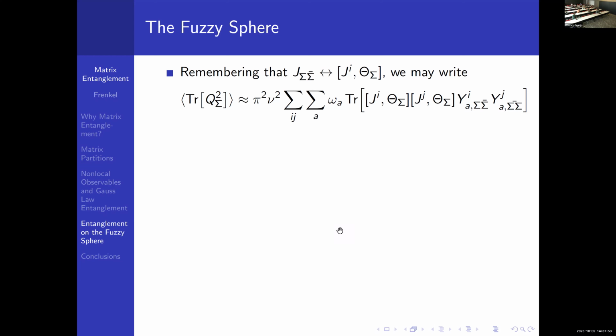BMN is good enough. So let me rephrase it then in terms of this trace of Q. So this trace of Q that we're calculating, you can write Q just as some long polynomial of the matrices. So this expectation value of trace of Q squared is just some really long trace of a string of matrices, or a sum of strings of matrices.